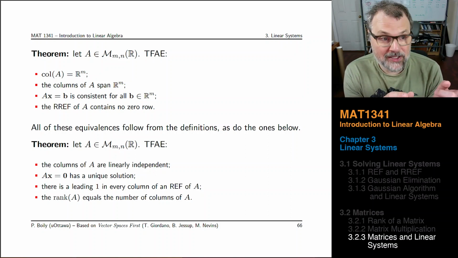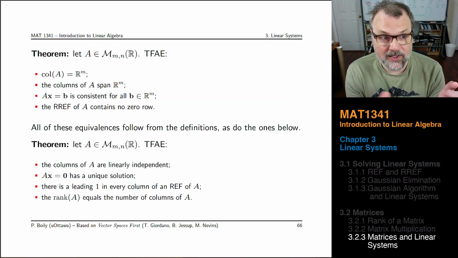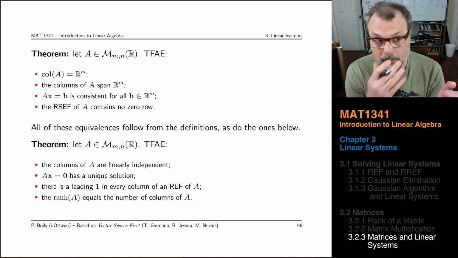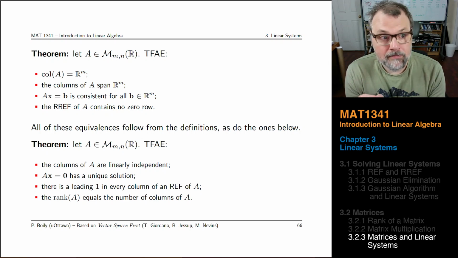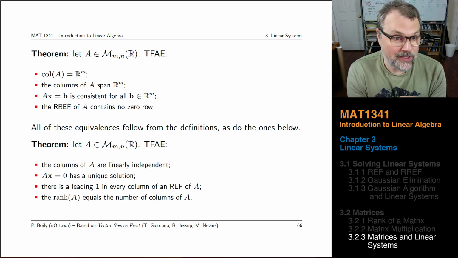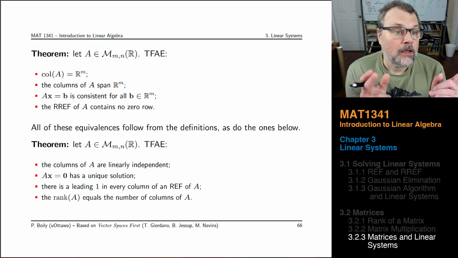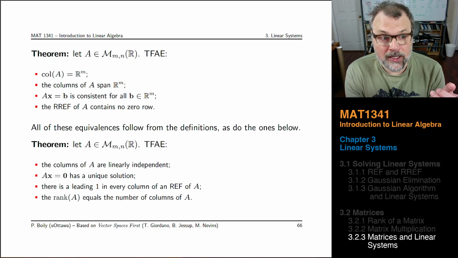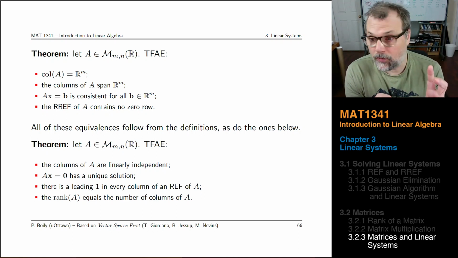The column space of A is the full space Rm, the entirety of Rm. The columns of A span Rm. Ax equals b is consistent no matter what the constant vector b is. And the RREF of A, just A alone, contains no zero row.